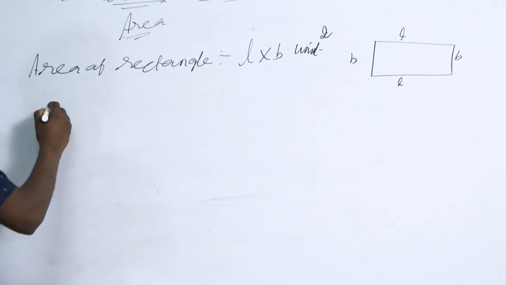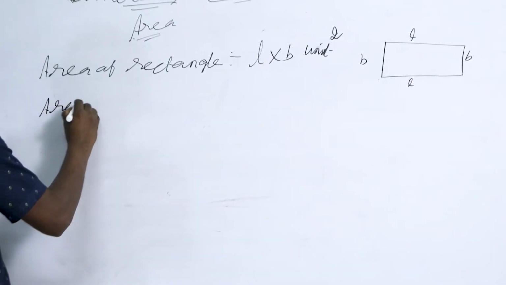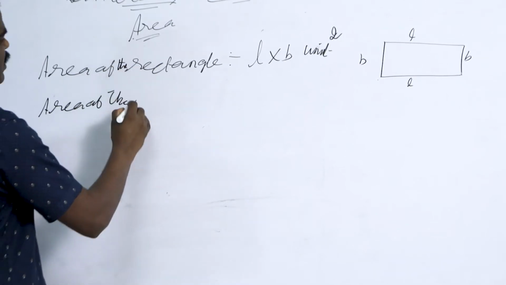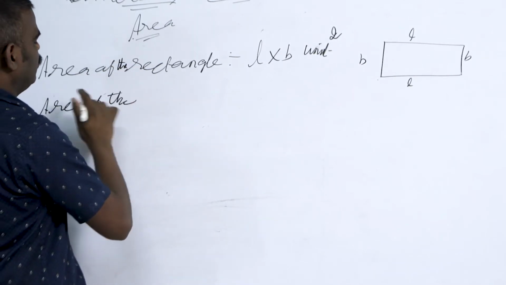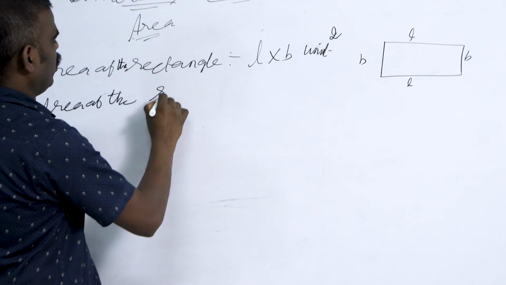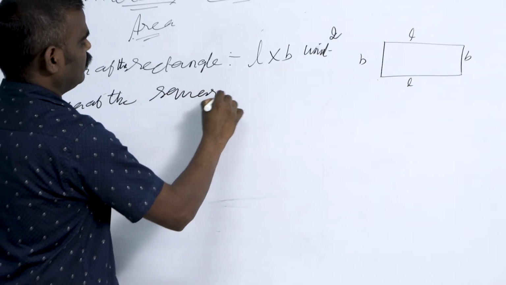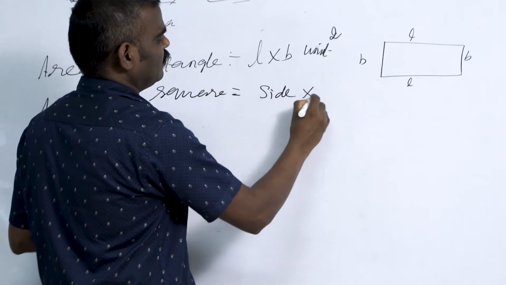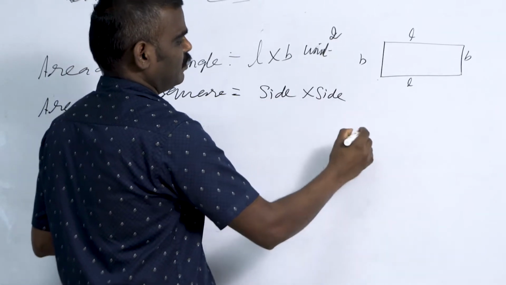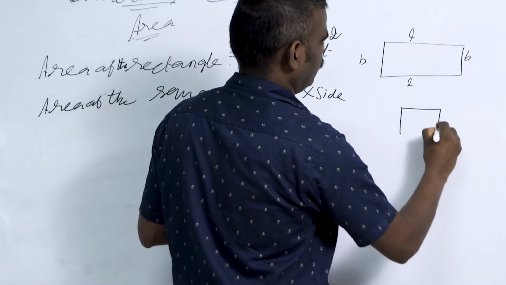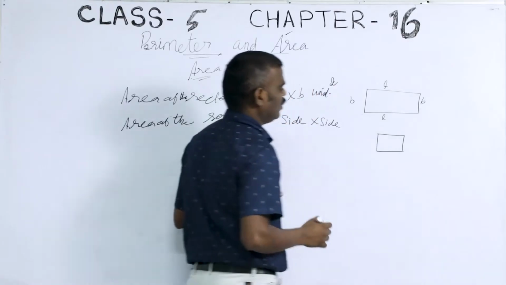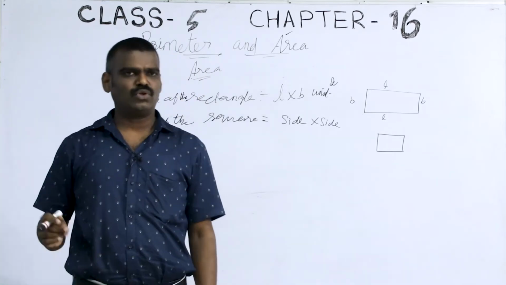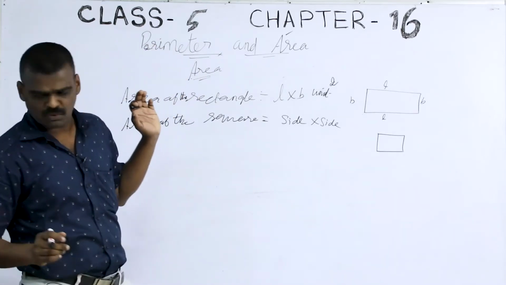Now area of the which one? Square, that is side into side. All the sides are equal. Multiply any two sides, so you will get one number, that is the area of the which one?